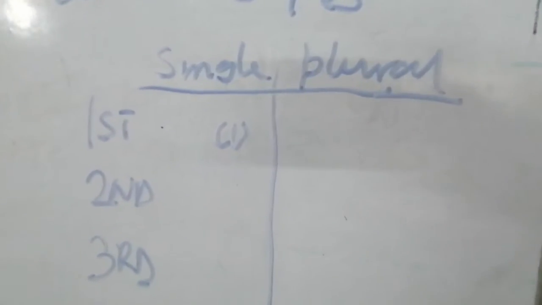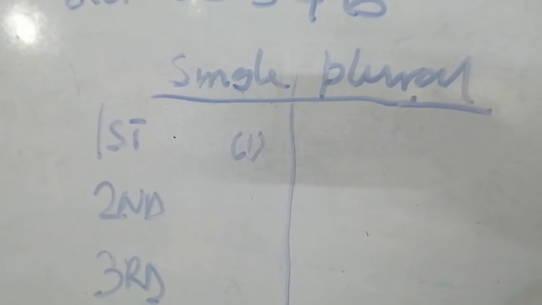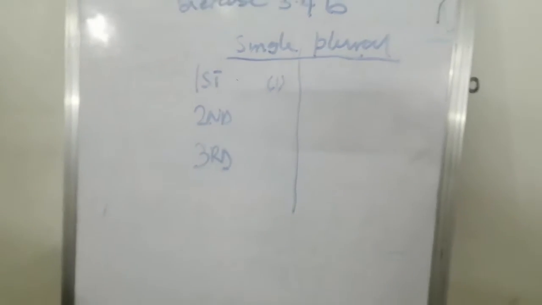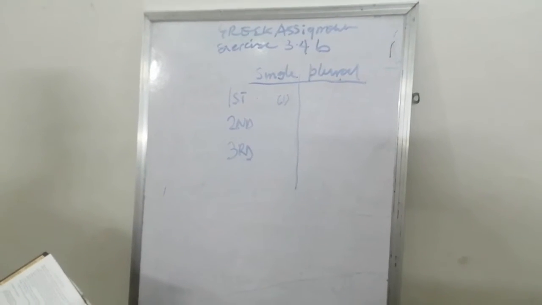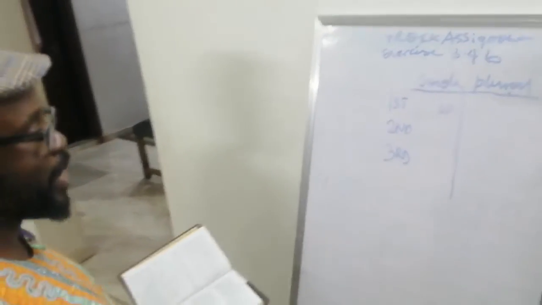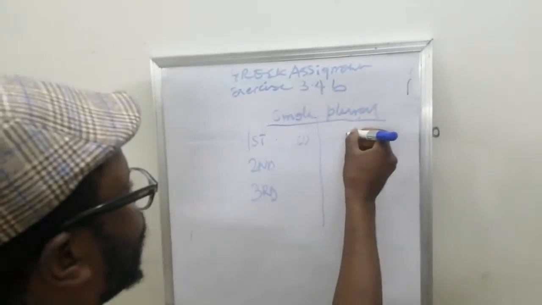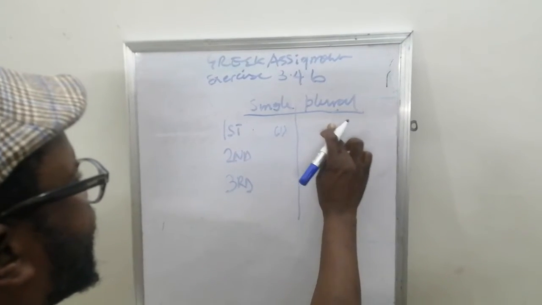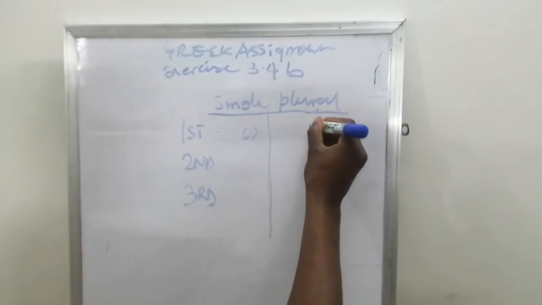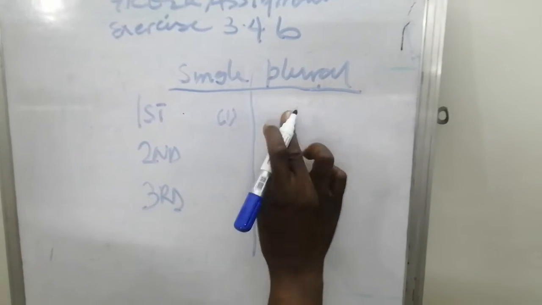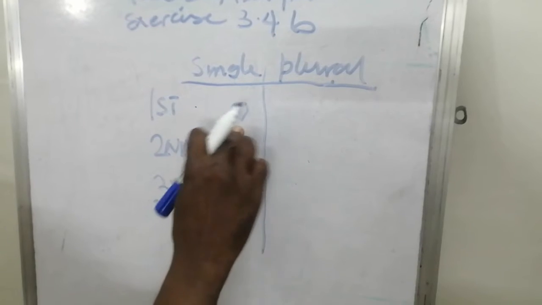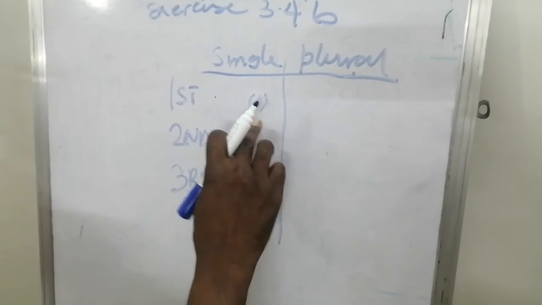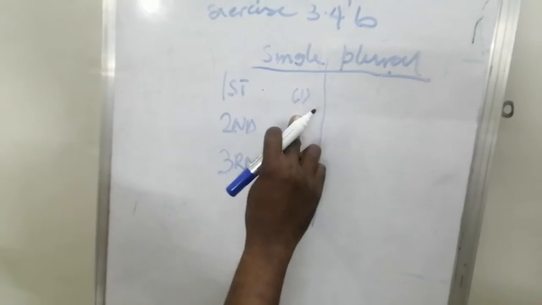Any verb in Greek that ends with the letter omega, that's the last letter of the language, is a first person singular.